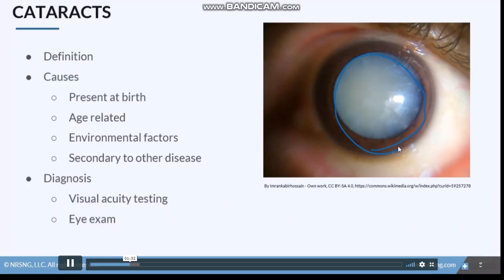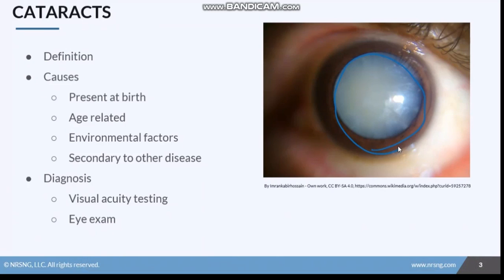Looking at the causes of cataracts, they can be present at birth. They can also be age-related. Cataracts are expected in all people older than 70 years of age, because the lens gradually loses water and increases in density with age. As we age, fibers can become compacted on the lens, which is why we see that in our older population.